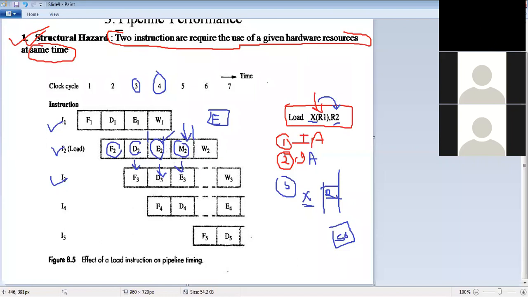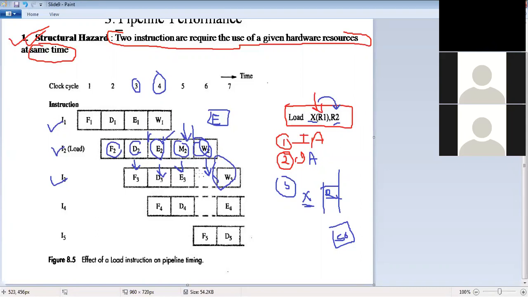Because instruction I1 takes one extra clock cycle, and the write unit is still not free because instruction I2 has not finished its writing activity. So these two instructions are trying to access the write unit at the same time.